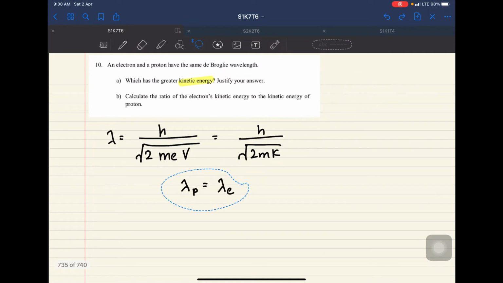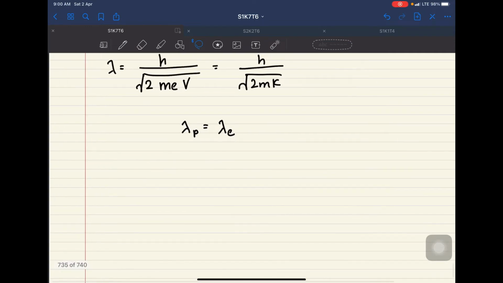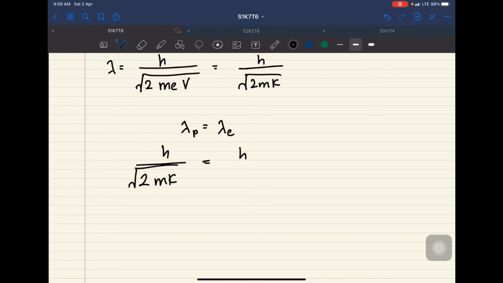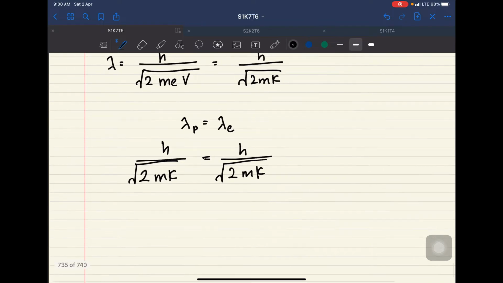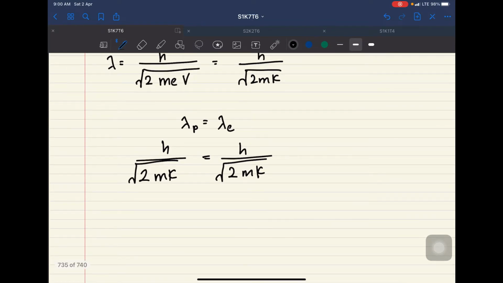Just drag this one down here. Therefore h over square root of 2mK equals h over square root of 2mK. My left hand side is proton, so that means it is the mass of proton and kinetic energy of proton.